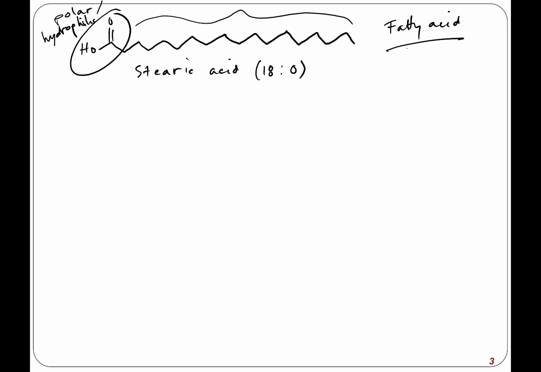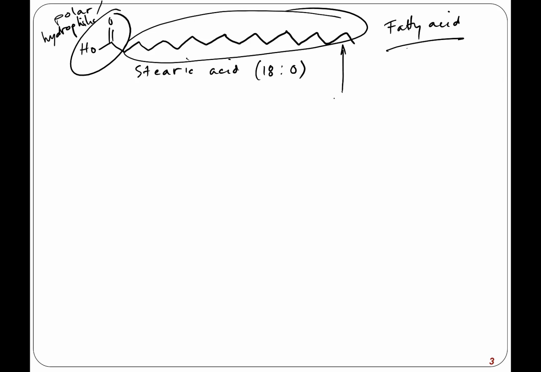And then there's the other region, which is this region, and this is non-polar, hydrophobic. In that way, this is a heterogeneous molecule, meaning we have two regions of the molecule that have different properties, both chemical and physical.